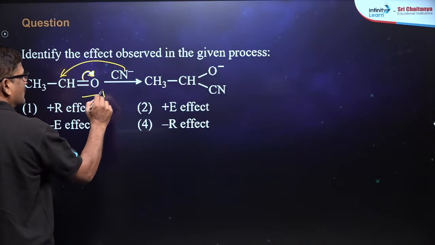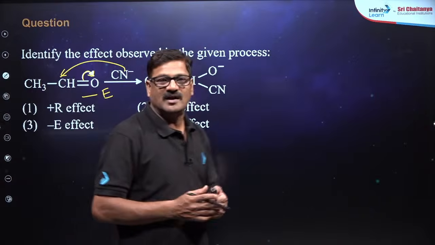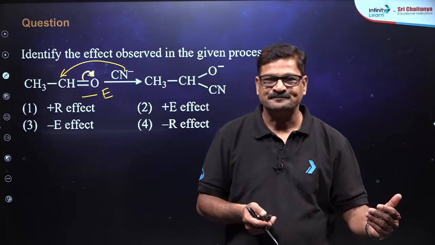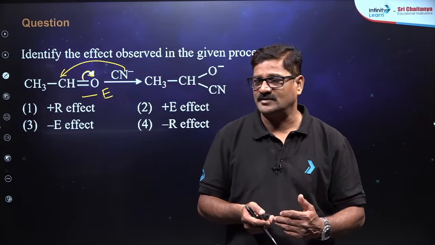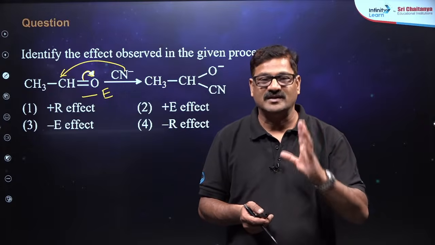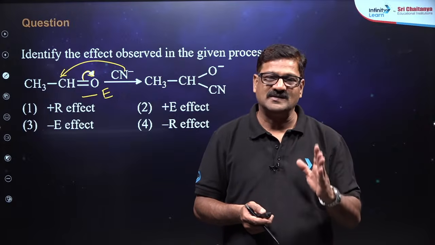That is what is called negative electromeric effect. Usually, we have plus resonance effect, minus resonance effect, plus inductive effect, minus inductive effect. But usually we ignore electromeric effect. Electromeric effect is a temporary effect.